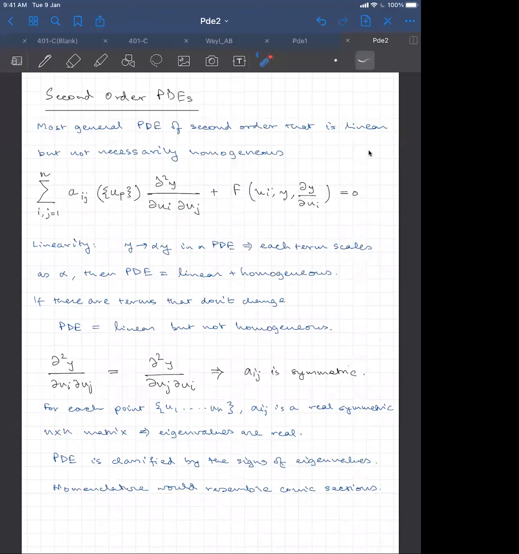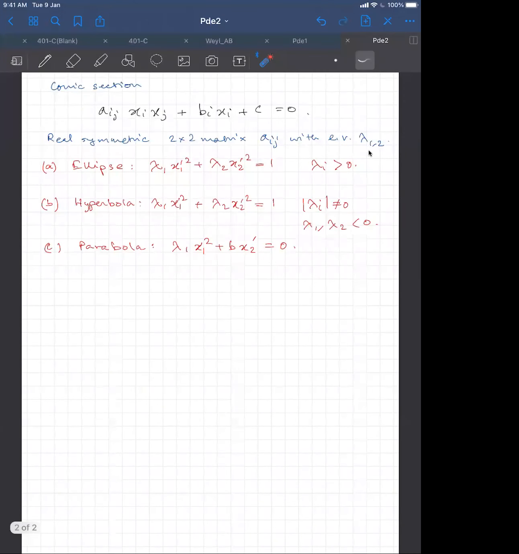So now we come to trying to understand this. Okay, let's write this down. So at ui, Aij of ui depends on specific points.